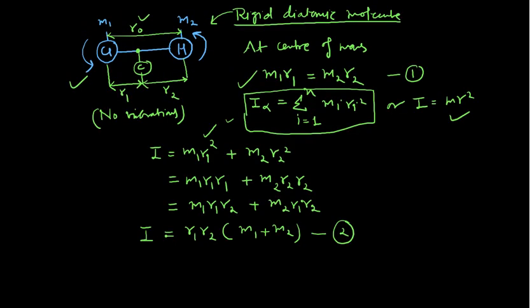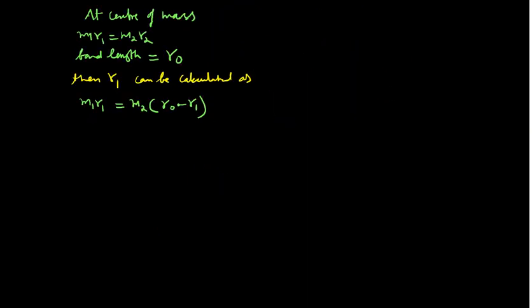You are calculating this R2, and here the total distance is R0. If you subtract this R1 from this R0, then you will get the value of R2. So simply we can write in place of R2, R0 minus R1. So this is what I have done here.